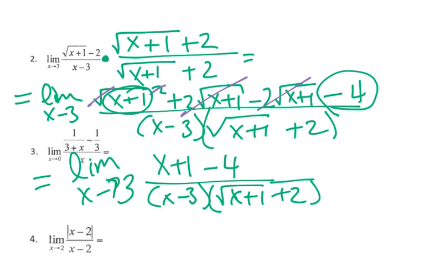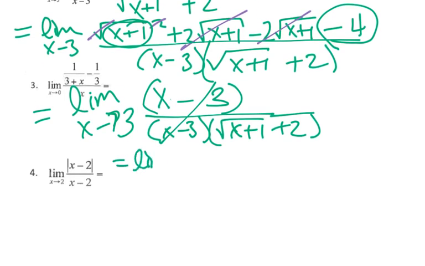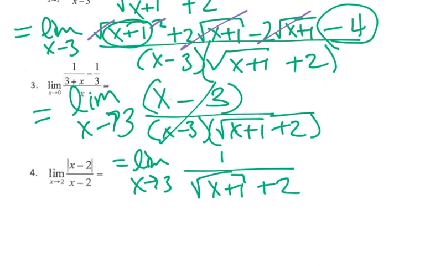Okay, this numerator is now going to simplify to x minus 3. So now we have factors that cancel. So this is going to simplify to the limit as x approaches 3 of 1 over the square root of x plus 1 plus 2.